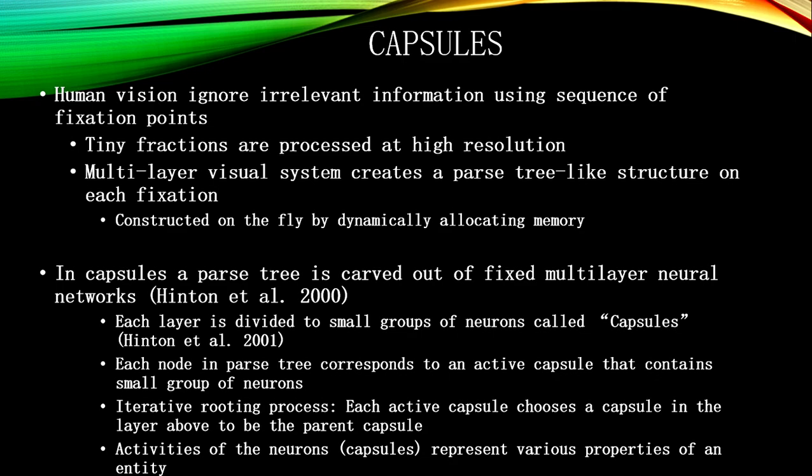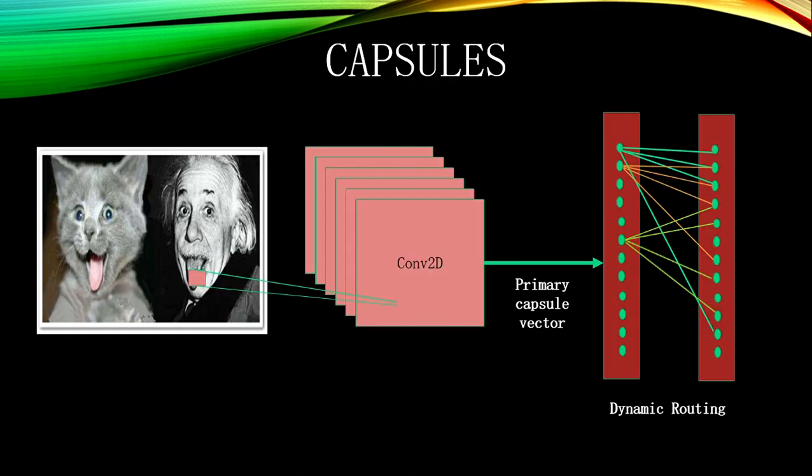In capsules, a parse tree is carved out of a fixed multi-layer neural network. Each layer is divided into small groups of neurons called capsules. Each node in the parse tree corresponds to an active capsule that contains a small group of neurons. Through an iterative routing process, each active capsule chooses a capsule in the layer above to be its parent capsule.